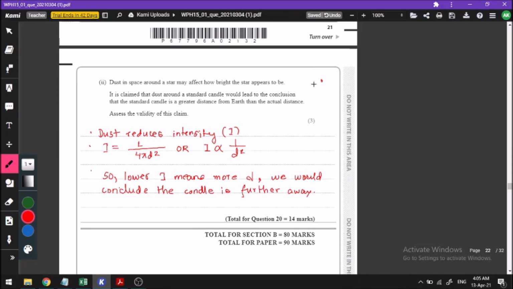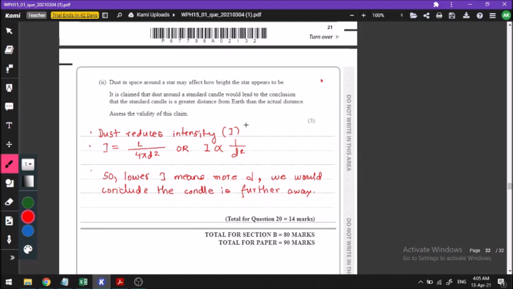But it could be the case that the car is very close to you, but there is smoke in front of the car. That is why the light of the car seems to be very faint. A similar situation happens when we observe stars. Maybe a star is very close to us. It is supposed to be very bright, but because of the dust around the star, it appears to be very faint, and we conclude by looking at the intensity that the star is very far away.